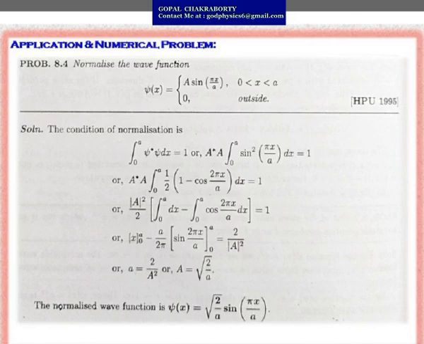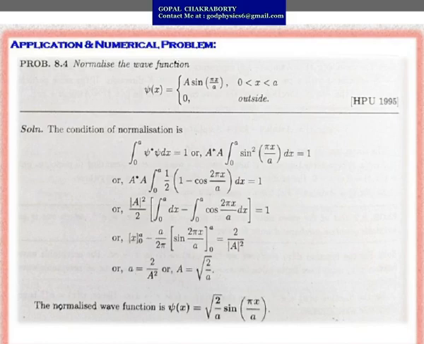If you complete the integration, you will get x from lower limit 0 to upper limit a minus a by 2 pi sine 2 pi x by a, lower limit 0 upper limit a, so that value is equal to 2 by a square. So capital A equals 2 by small a square, where capital A value is equal to under root 2 by a.